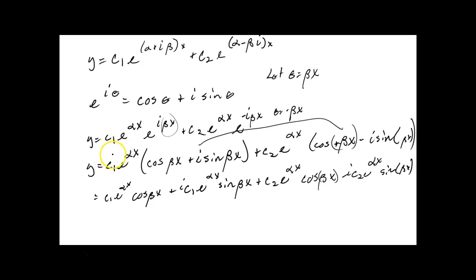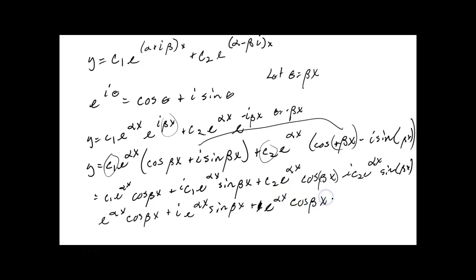So when you have this C1 and that C2 both equal to 1, okay, what do you have? e^(αx) cos βx plus i e^(αx) sin βx plus, oh, this is 1, remember, okay, 1, e^(αx) cos βx minus i e^(αx) sin βx.